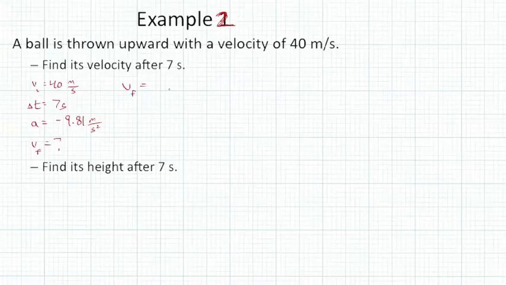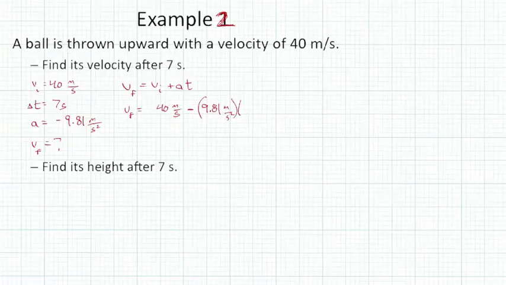Final velocity is going to be equal to initial velocity plus acceleration times time. So that's going to be 40 meters per second minus, remember, 9.81 meters per second squared times our time t, which is 7 seconds.